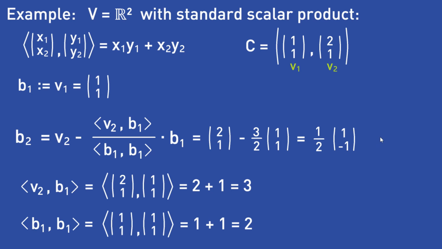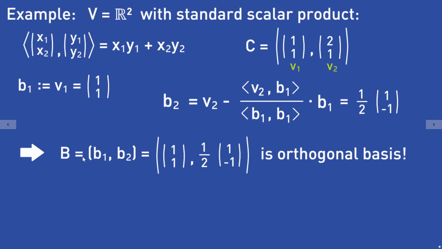So our orthogonal basis B is equal to b1 and b2, and this is equal to that here. So B is our orthogonal basis we were looking for. If you're looking for an orthonormal basis, you have to normalize b1 and b2.